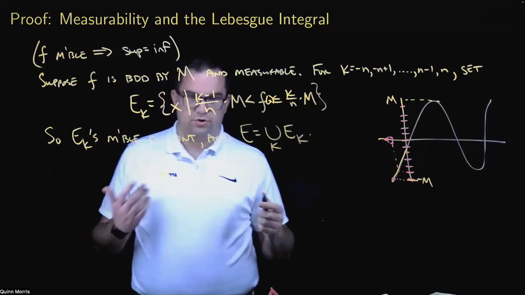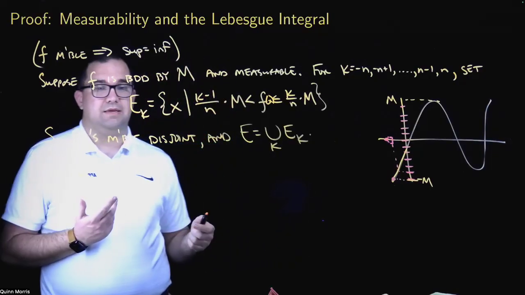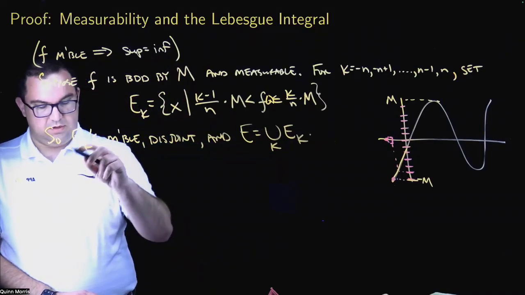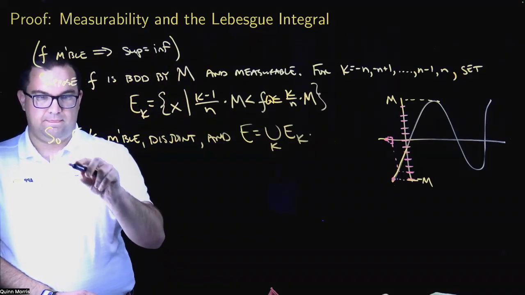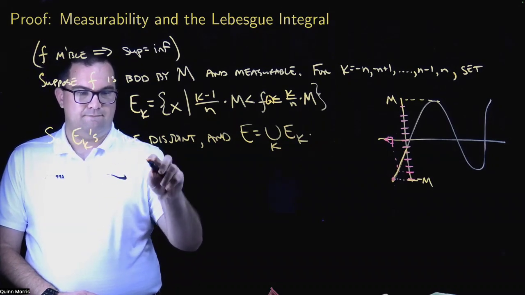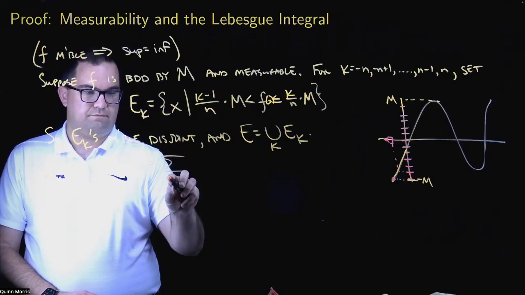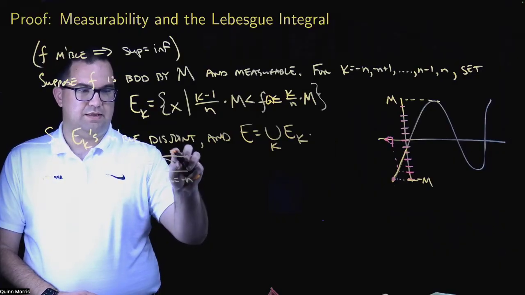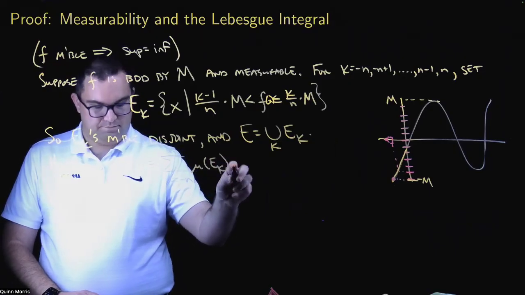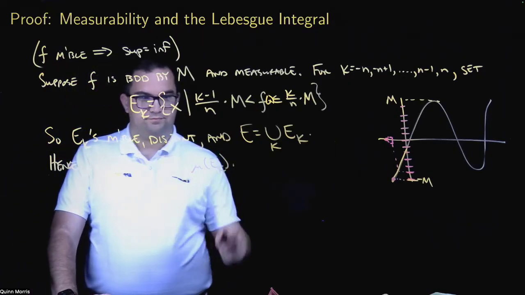All right, so you can already see we want to apply the additivity of the Lebesgue measure. Okay, so hence the measure of E is equal to the sum from K equals minus N to N of the measure of the EKs.